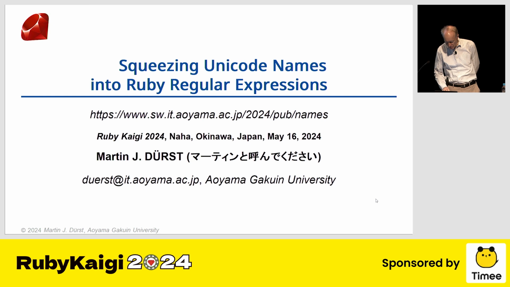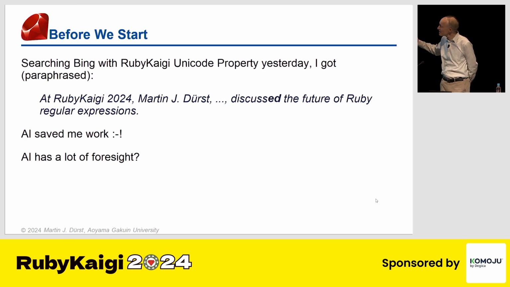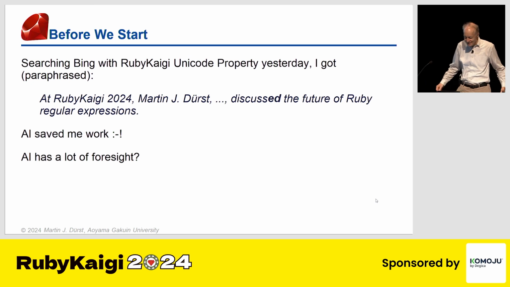Say Martin と呼んでください. Okay, before we start, actually, yesterday I did a little search and I found this snippet that said that RubyKaigi 2024, Martin Dürst and so on, discussed the future of Ruby expression. If you looked at it, discussed, well, that would mean that AI saved me a lot of work. もうやったので、もう書いていいですよね。So, well, maybe AI has a lot of foresight.